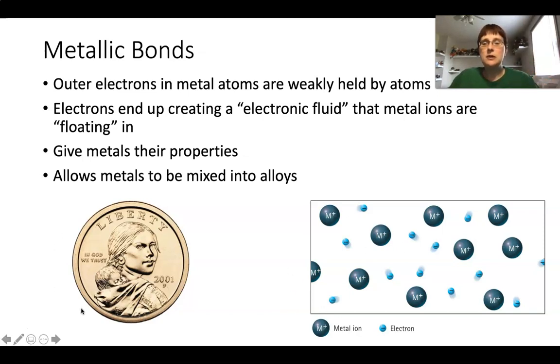I've got the Sacagawea dollar here because a lot of people think that the Sacagawea dollar is gold, but it's actually not gold. This dollar coin is made with copper, zinc, manganese, and nickel. So it's those four metals mixed together that give it that gold color.